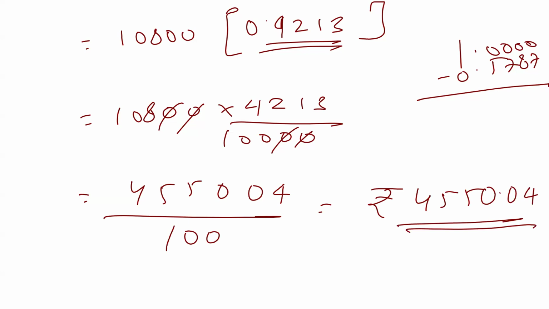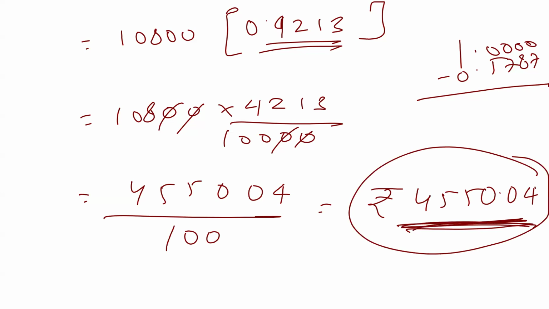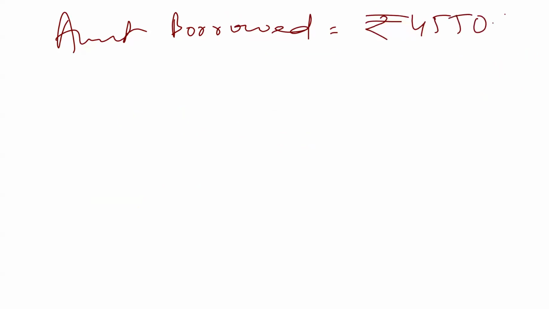The next part of the problem is: also find the total interest charged. See, he borrowed this much amount. This is the amount that he borrowed. How much did he pay? Amount borrowed, I'll just write rupees 4550.04.